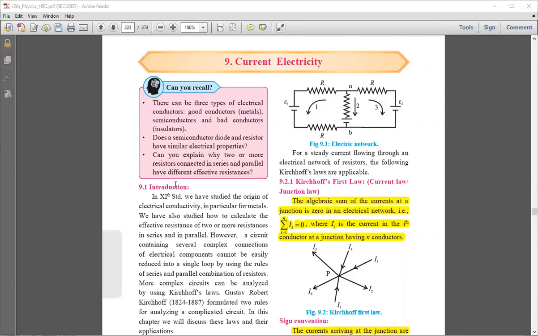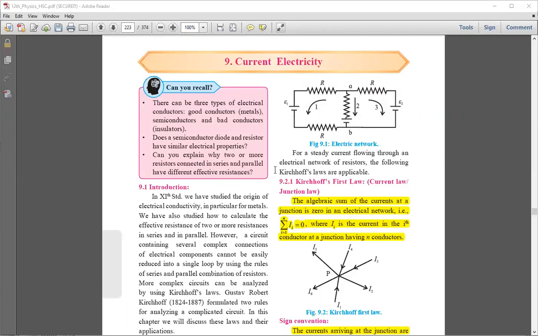Okay, so for 12th, basically the chapter includes some of the laws to measure the current in a complex electrical circuit, to measure voltage in a complex electrical circuit, and some of the methods to determine unknown resistance of a body, and that body can be anything. Or then we have to learn what is potentiometer.